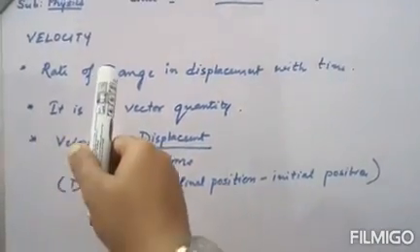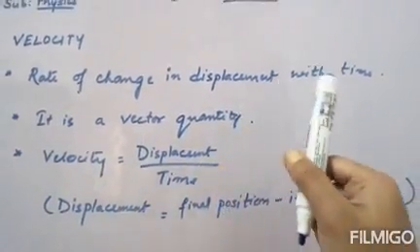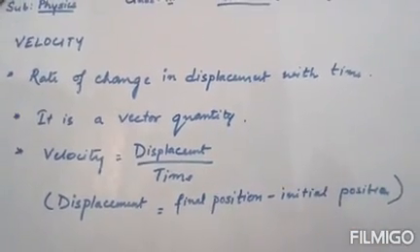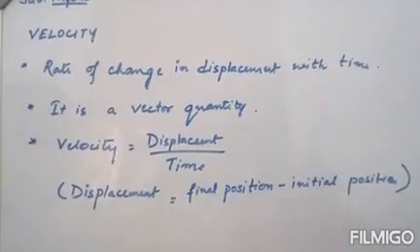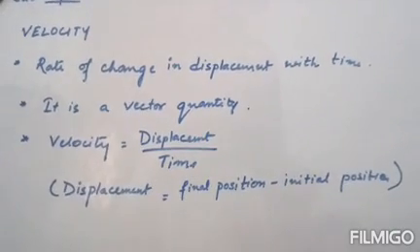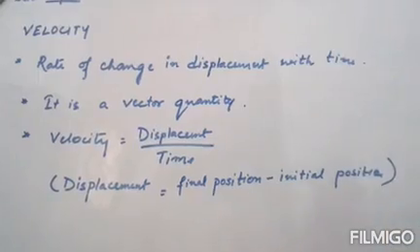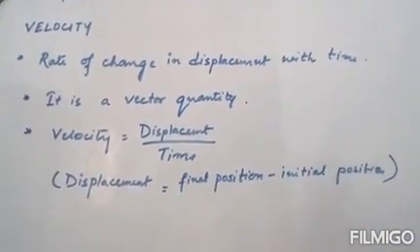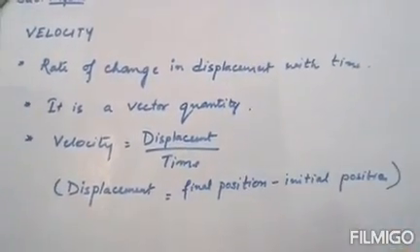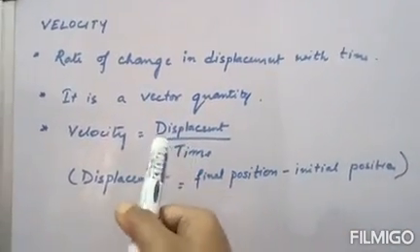Let's define velocity. Velocity is the rate of change of displacement with time. It is not distance, it is displacement, as I have told earlier. The shortest distance covered, that is the displacement, and with time we can get velocity.